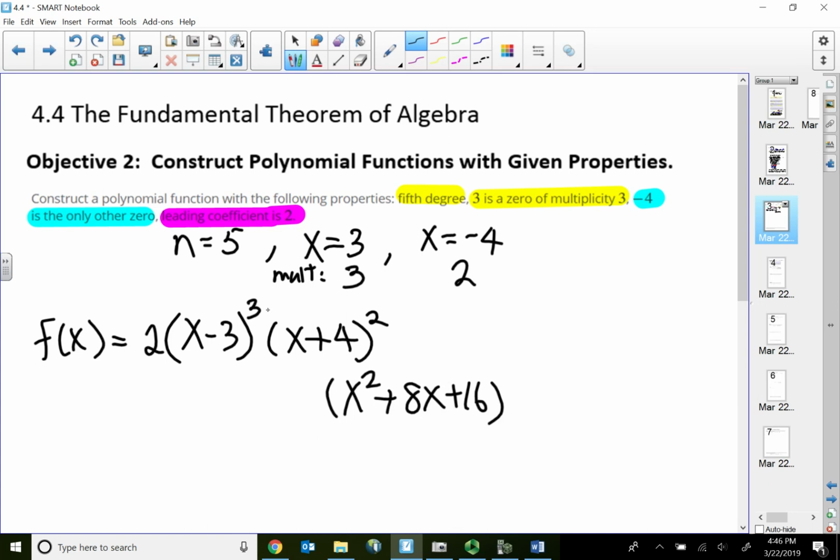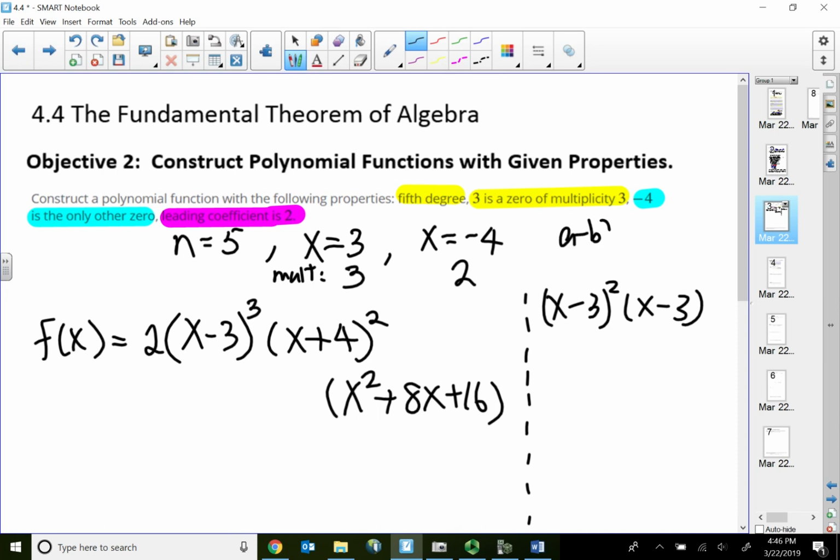Now, x minus 3 to the third power will take a little bit of work on the side, so I'm going to do my dash line right here. I'm going to do x minus 3 squared first, then x minus 3. I'll do the x minus 3 whole thing squared first using the perfect square binomial.